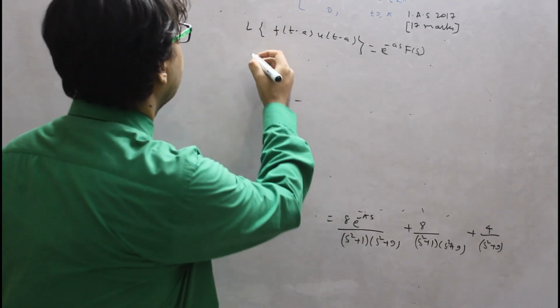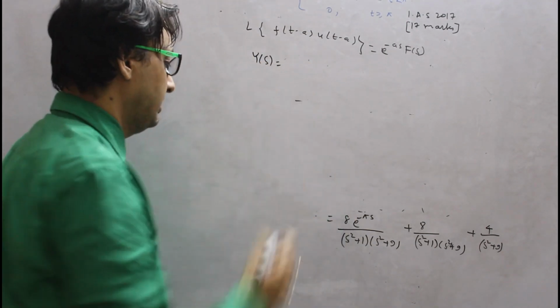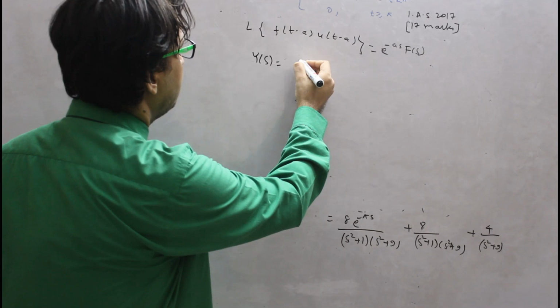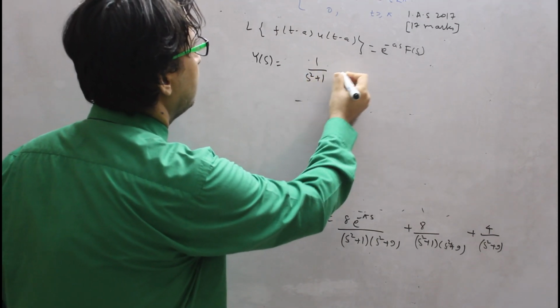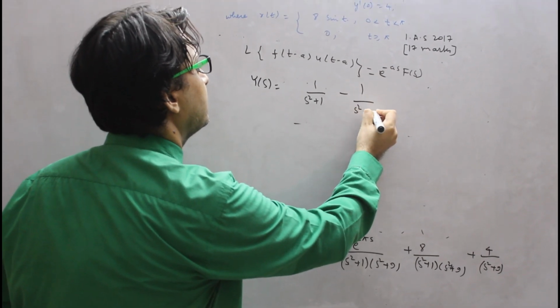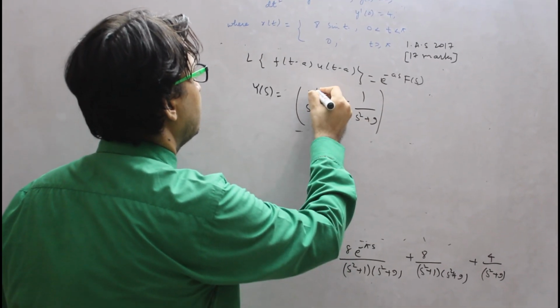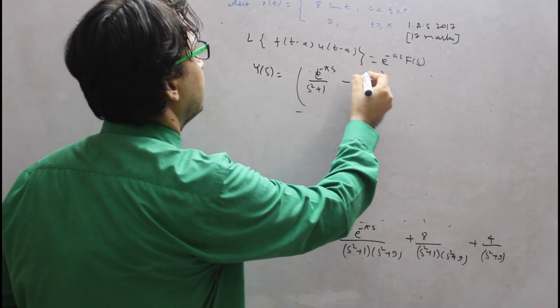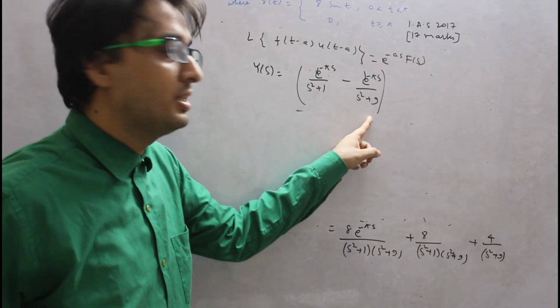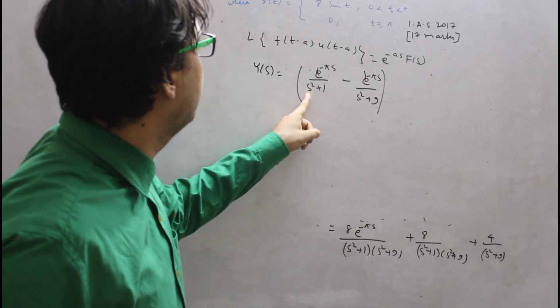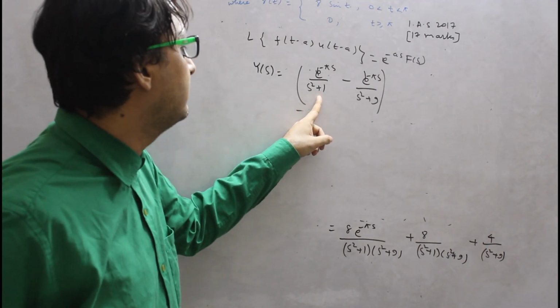If we write this as Y of s, we can use the shifting property. We can write it as 1 by s square plus 1 minus 1 by s square plus 9. This is a shifted value. We can write it like this, e to the power minus pi s, s square plus 9 minus s square plus 1.